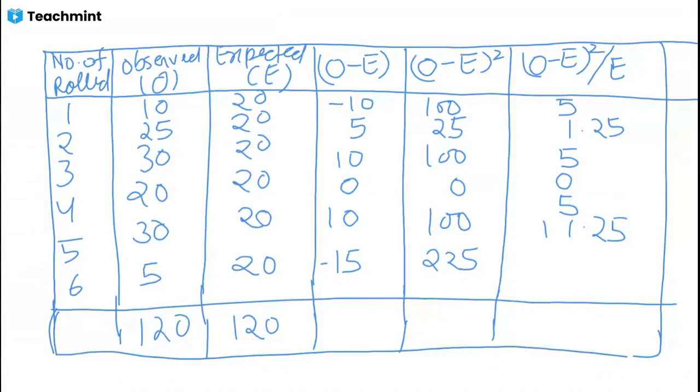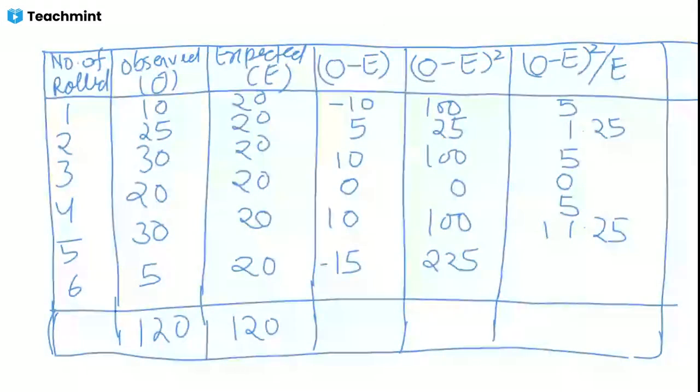Now we need to find the sum of all these values. In total we have 6 values, so let us add them. 5 plus 1.25 plus 5 plus 5 plus 11.25, so here we get 27.5. This is the summation of O minus E whole square divided by E, which is equal to 27.5.